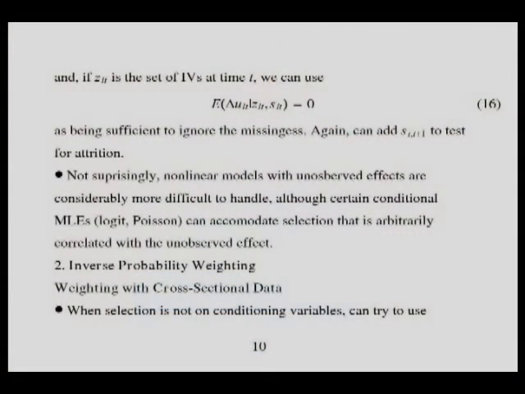But we have instruments for them, because those would just be the Z_it interacted with the same sort of selection indicator. So that's just one simple way to come up with a test for selection problems.